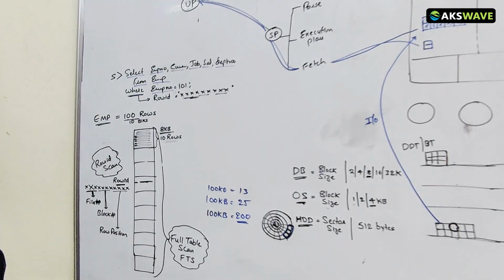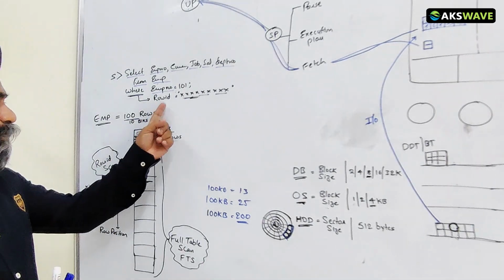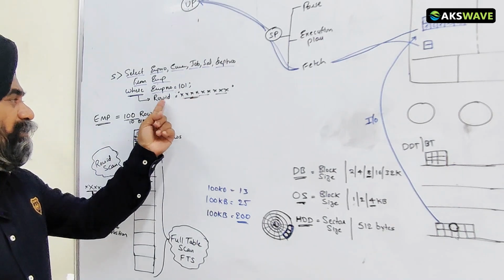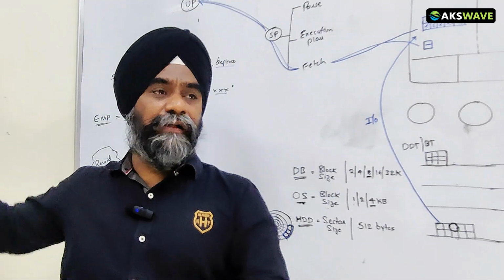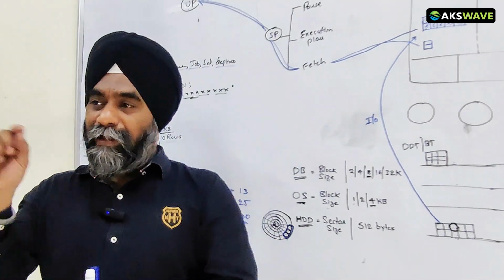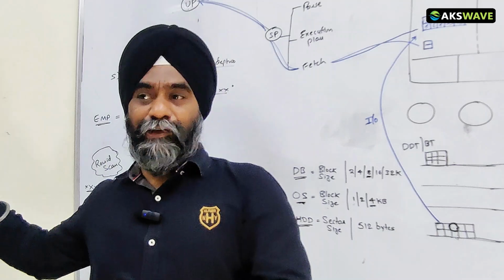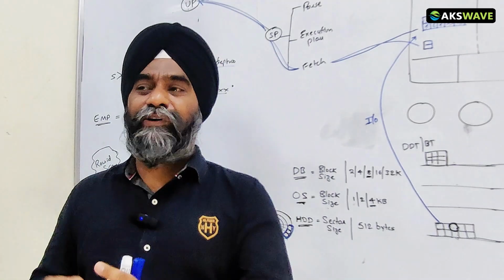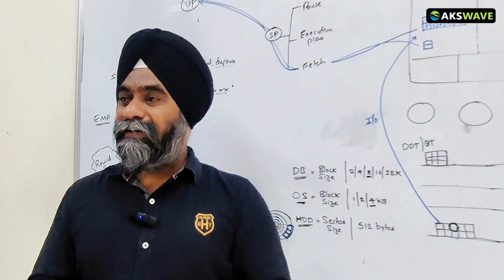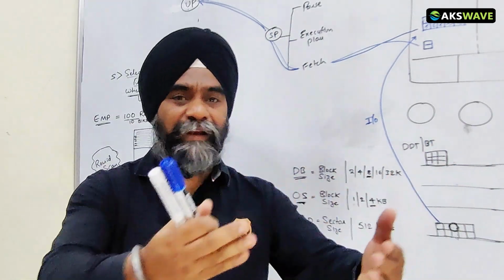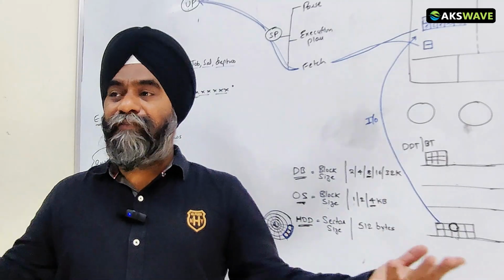But just think practically: can you always use row IDs in your queries? Instead of saying where employee name equals Akal Singh, where row ID equals what? It's not possible. Normally we refer by name or employee ID, not by row ID.